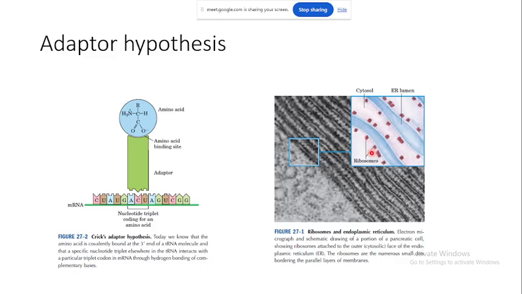This is an electron micrograph of ribosomes sitting on the rough endoplasmic reticulum. This is your cytosol, and this is the rough endoplasmic reticulum, over which these small black dots are the ribosomes sitting over it. So that is the adapter hypothesis.